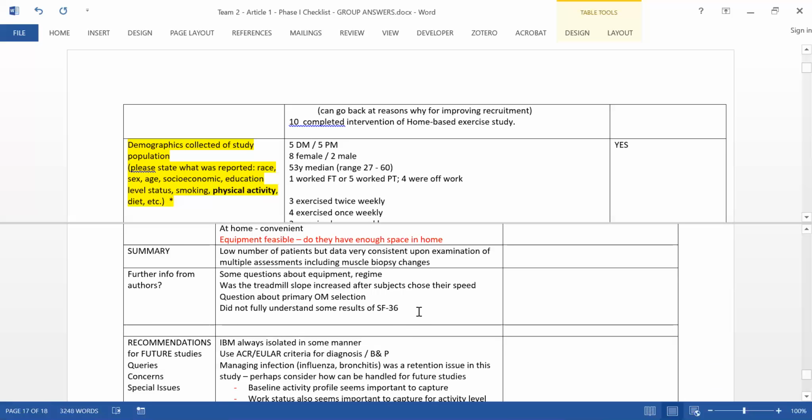And then you don't have to do this, but it's just good to remember that if we feel like we have incomplete data, we're going to go and ask the authors. Yes, we still have information we want to ask of the authors.